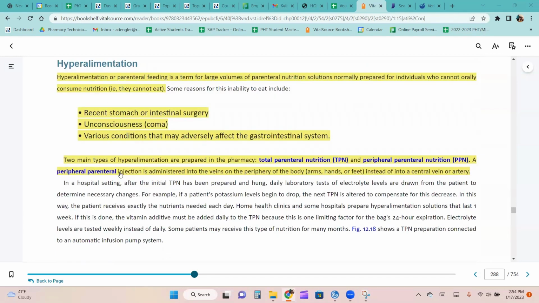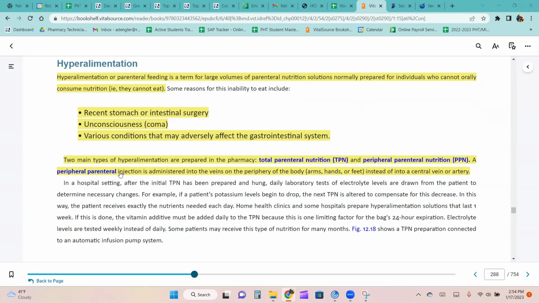Hyperalimentation or parenteral feeding is a term for large volumes of parenteral nutrition solutions normally prepared for individuals who cannot orally consume nutrition, so they can't eat. It is used for recent stomach or intestinal surgeries, unconscious patients, and various conditions that may adversely affect the gastrointestinal system. So cancer also, my friend that had pancreatic cancer, she was on a hyperalimentation solution daily for months before she passed away.